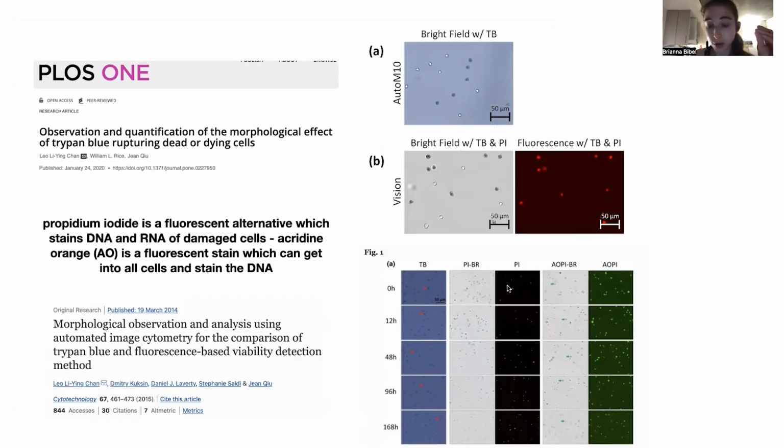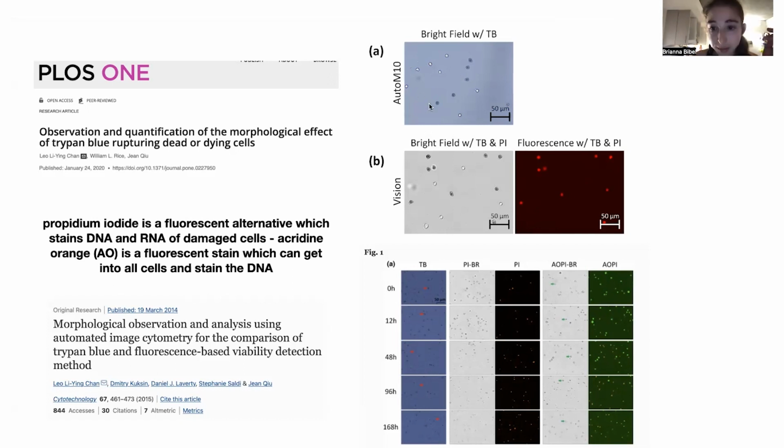So you can see that more cells are dying over time. And then acridine orange gets into all cells and stains the DNA. So this would be all cells, and this would be dead cells. And you can see that the amount of these dead cells is increasing over time.